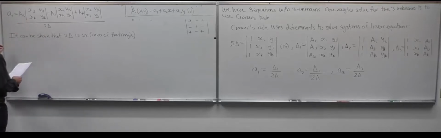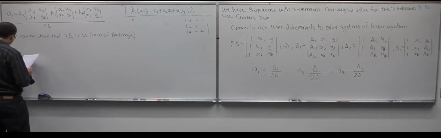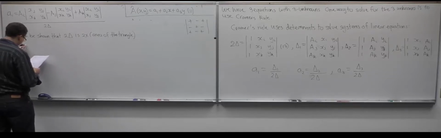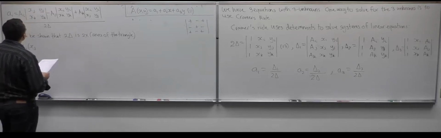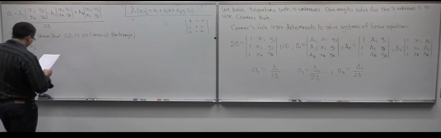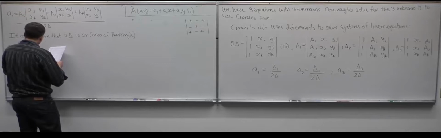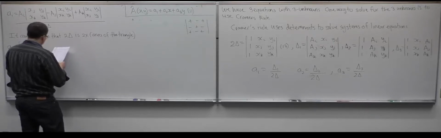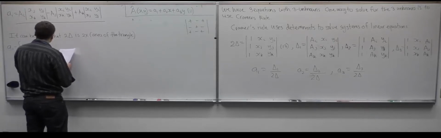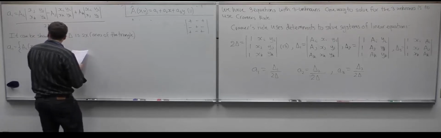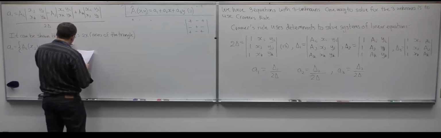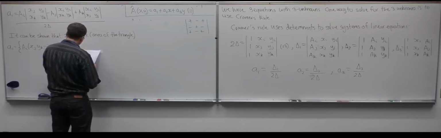So the numerator, writing that out, it's going to be a_i, and now we take the cross product, x_j y_k minus x_k y_j, plus a_j x_k y_i.